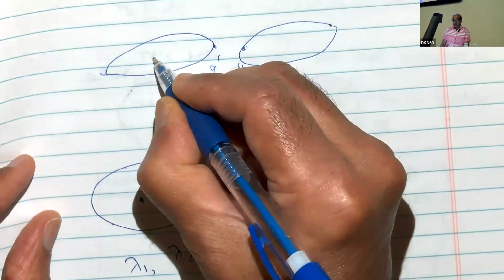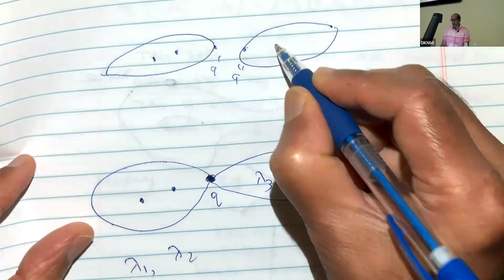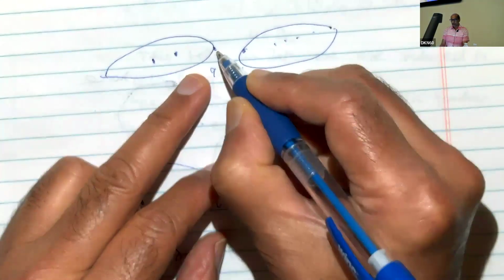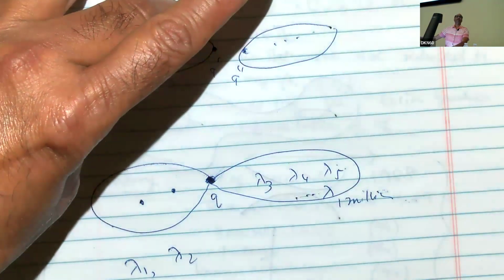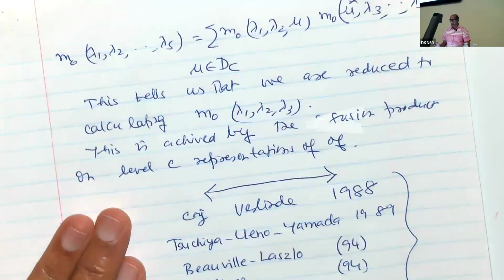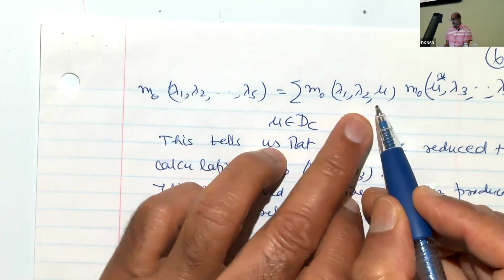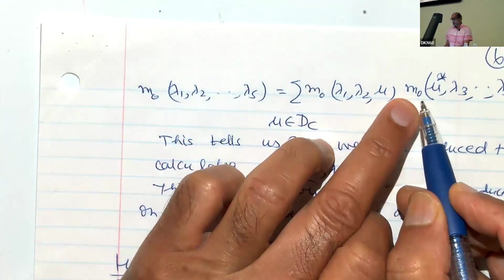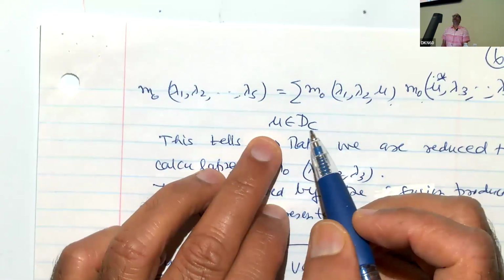These 2 points remain, and these million minus 2 points go here, but I have added 1 point here. So now I got 3 points here and million minus 1 points there. If I apply the factorization theorem, this side becomes M_0 lambda 1 lambda 2 mu, times M_0 mu star lambda 3 through lambda s, where mu runs over D_c.